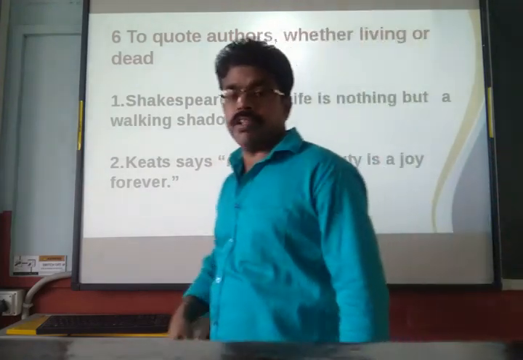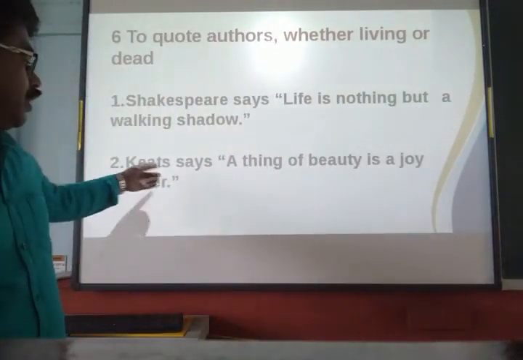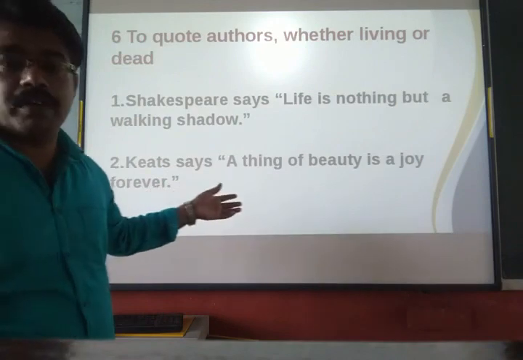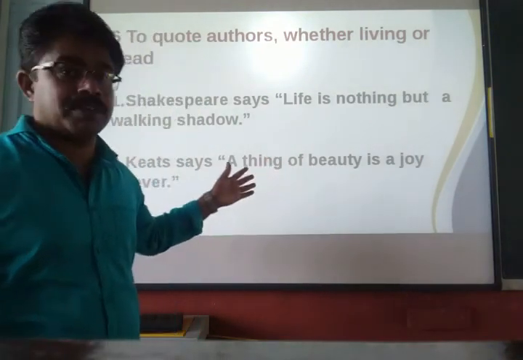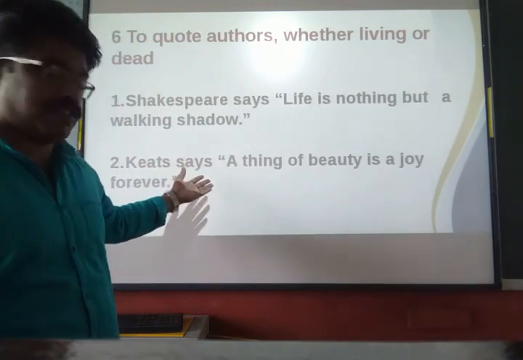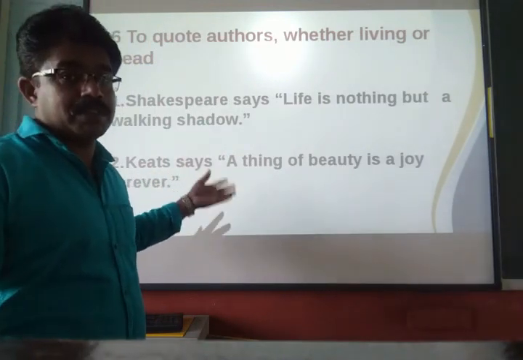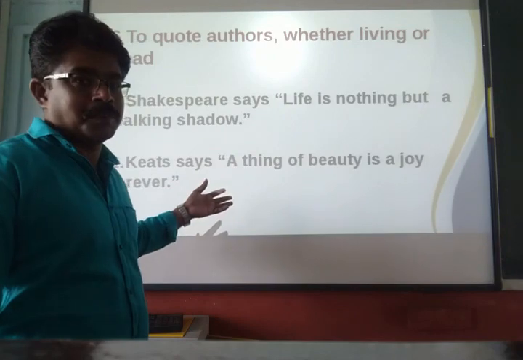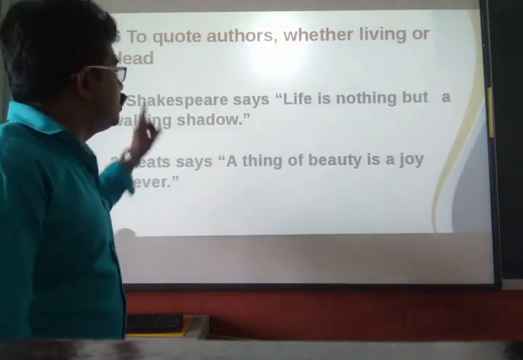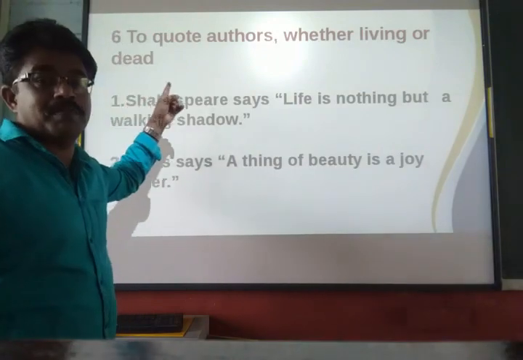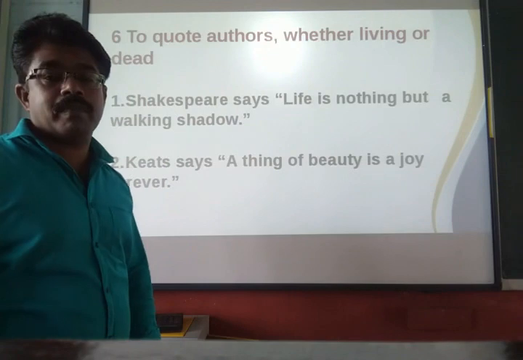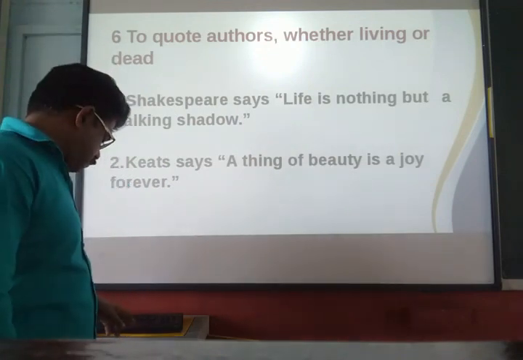And here John Keats, let's see what he says. Again, he says, a thing of beauty is a joy forever. It is his quotation, it is his words. We are just taking his words as he said them. He says, so the simple present tense is used. So these are the sixth rule, what we call usages of the simple present tense.